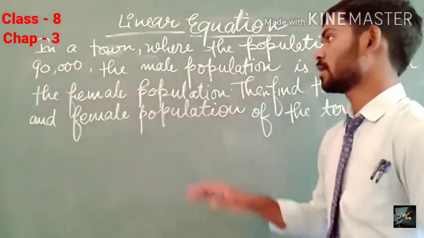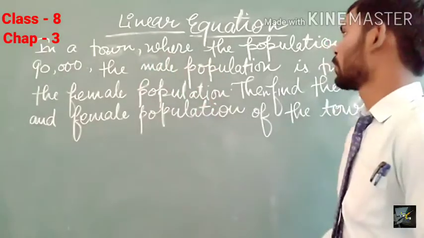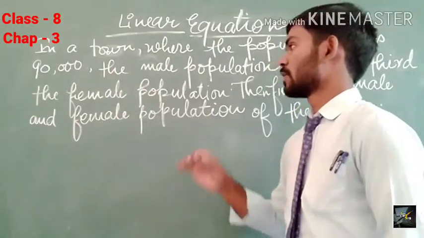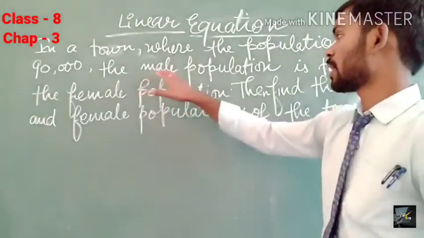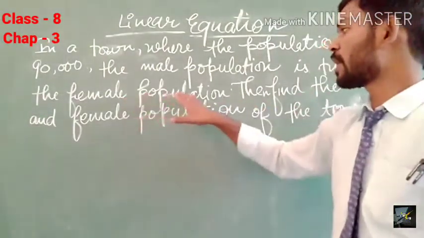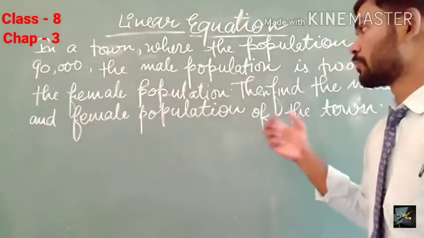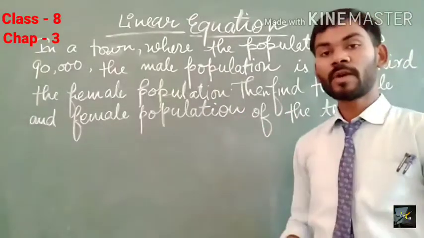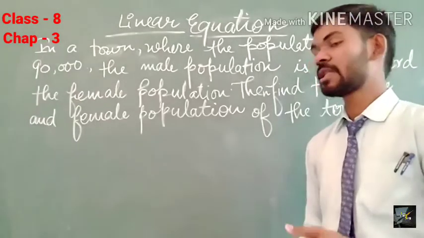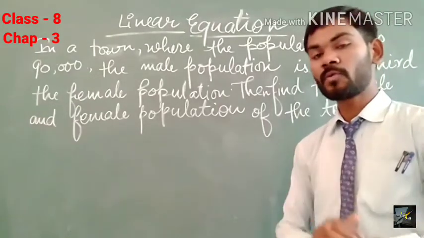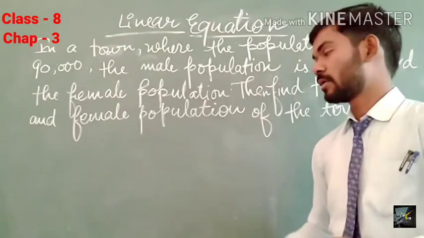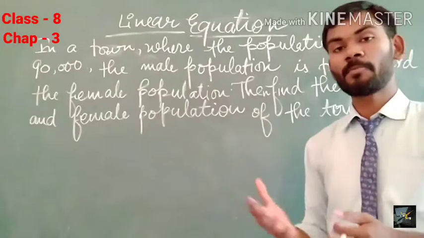Here the male population is two-thirds the female population, meaning out of 90,000, the two-third part are the male population and the left number of people are female population.